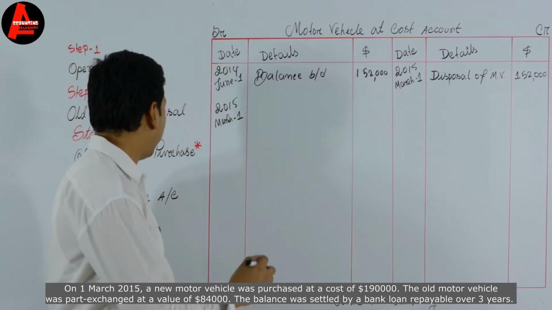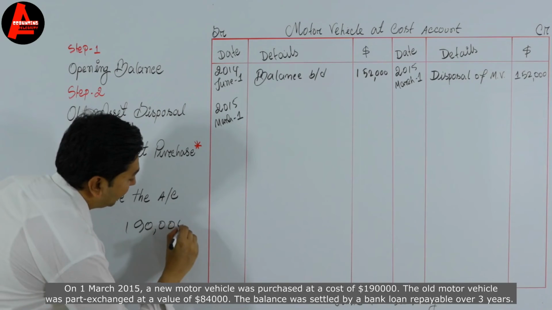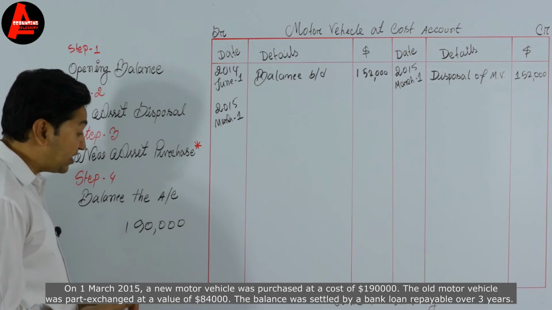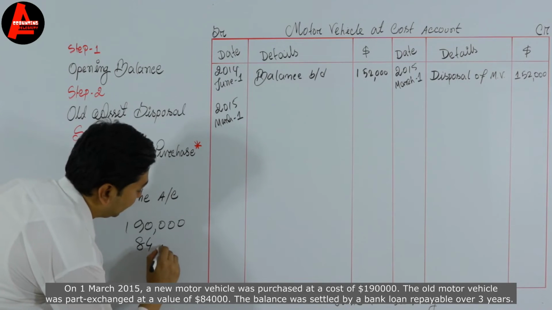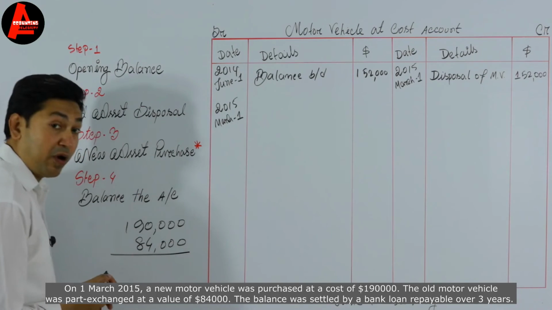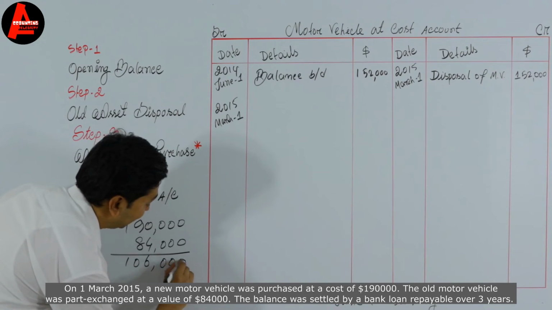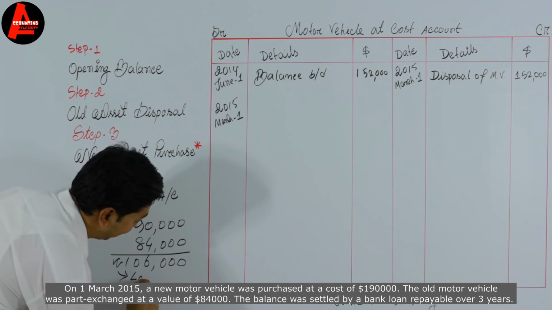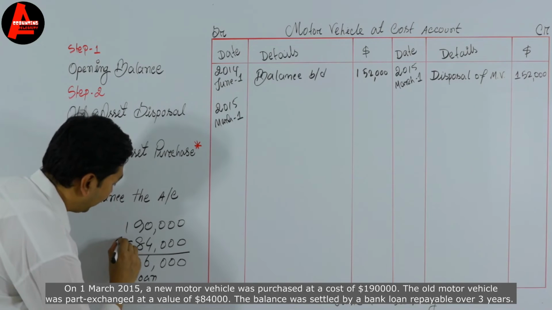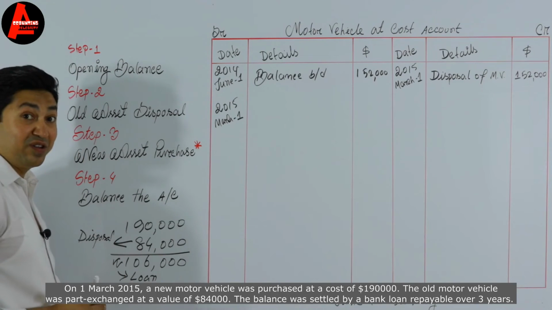So from this $190,000, this is the cost price for the new vehicle. She exchanged her old motor vehicle for $84,000, and the rest of the amount, how much? $106,000. This amount she took as a loan, and the $84,000 was the disposal value for the old vehicle.